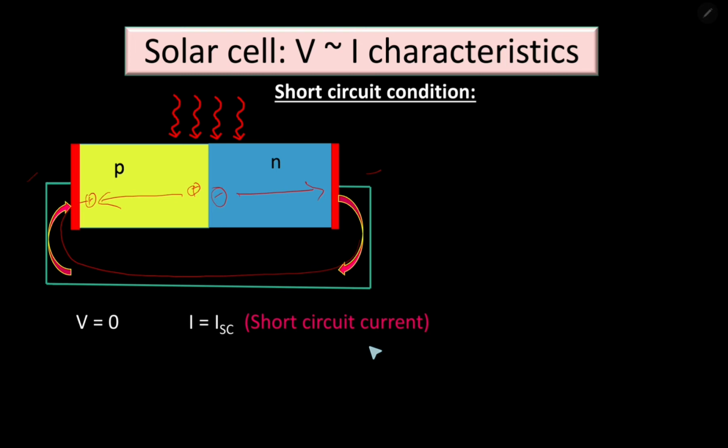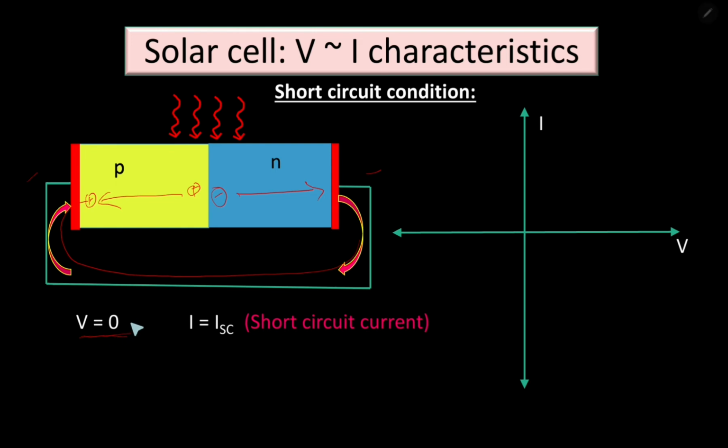So under the short circuit condition, the potential difference between the two terminals of the solar cell is 0 and the current flowing through the solar cell is maximum, which is given as ISC and known as short circuit current. Now we will denote this in the graph.